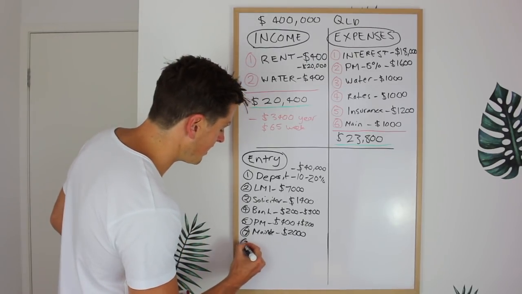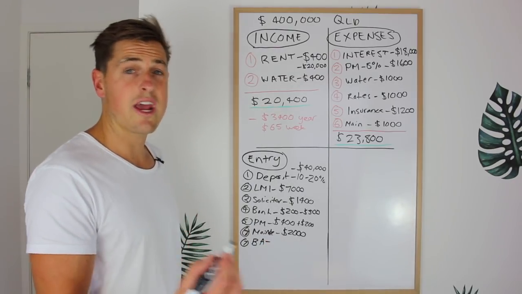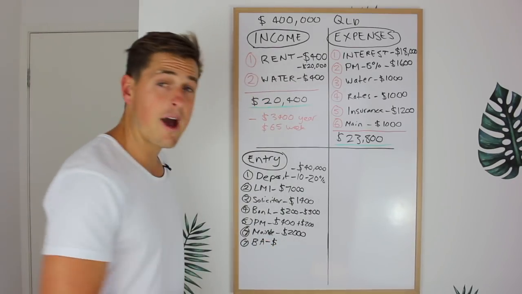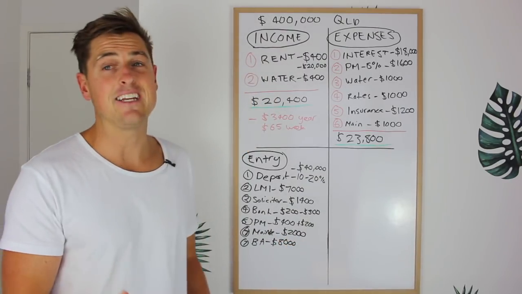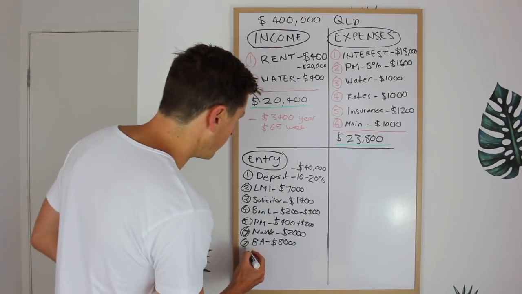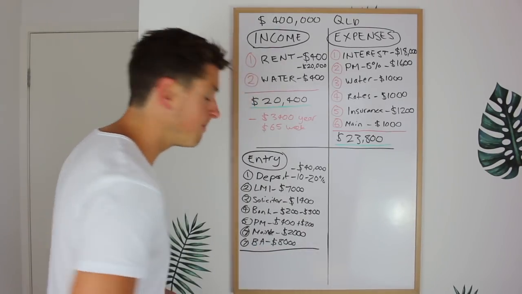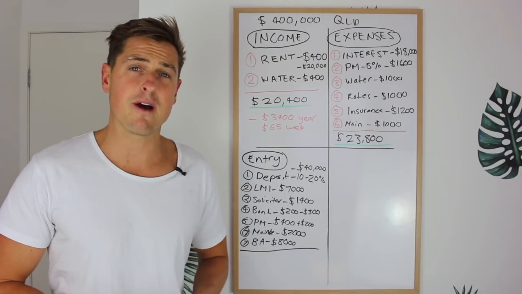Now, the seventh and last expense is your buyer's agency fee, which in Australia, a good buyer's agent will charge somewhere between $8,000 and up. A buyer's agent can really help you navigate your way through the property marketplace.